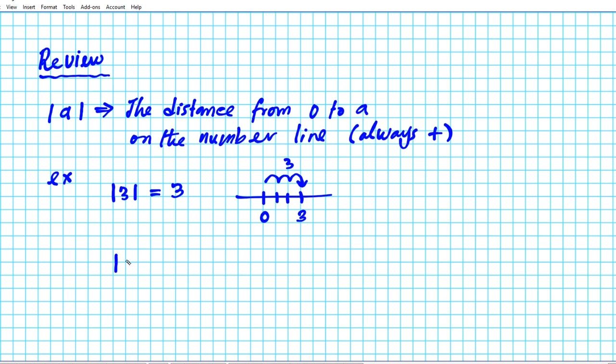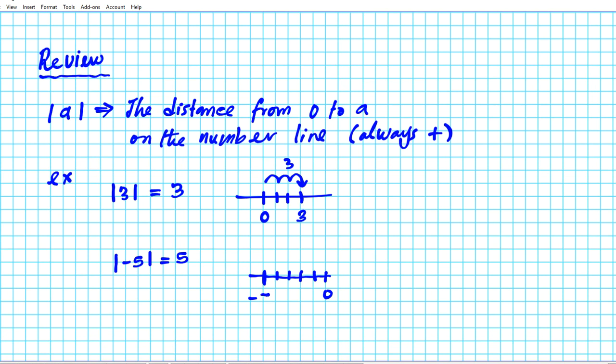What of the absolute value of negative 5? The absolute value of negative 5 is 5 because the distance of negative 5 from 0 on the number line is 5. Okay, so 0, 1, 2, 3, 4, 5. Now, one thing you want to note is that absolute value doesn't consider direction.